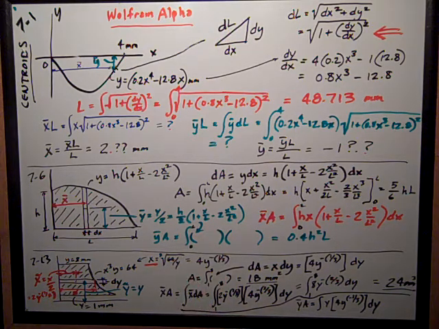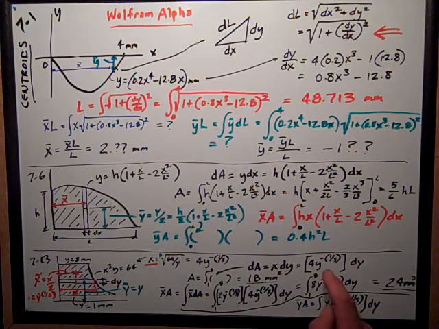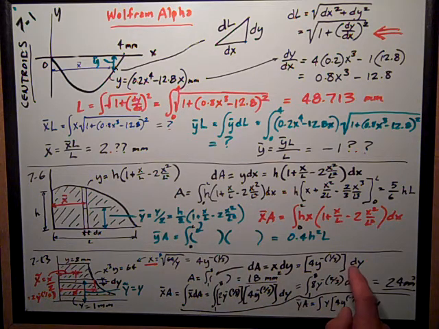Okay, I said that we're going to use a little horizontal strip that's dy tall by x long. So dA, the little elemental strip, is x dy, which is this expression right here, 4y to the negative 1/3 power, dy.